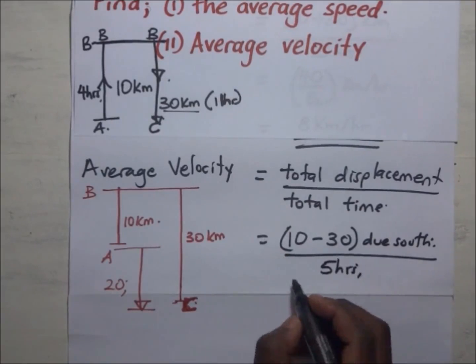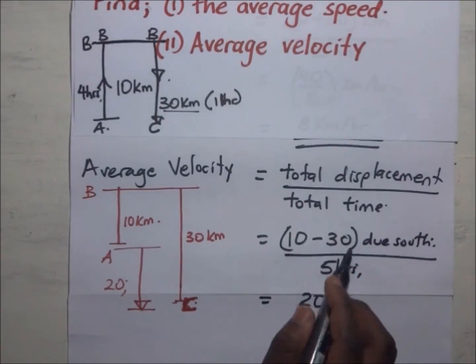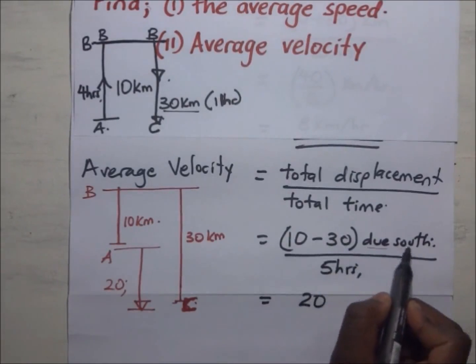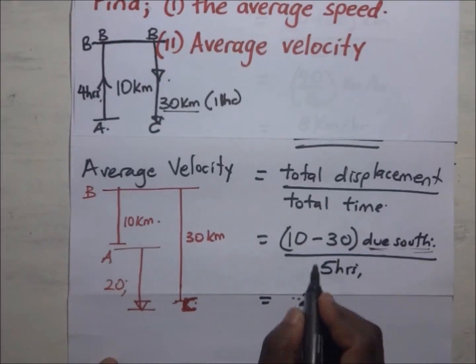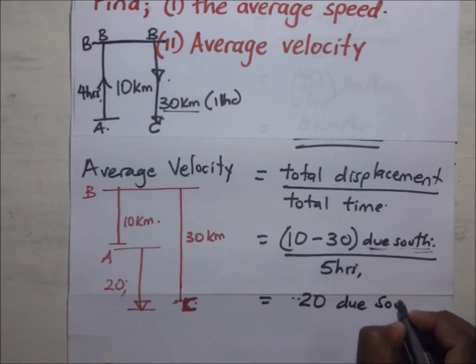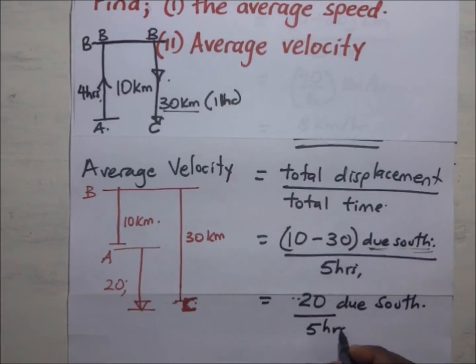Now 10 minus 30 here is negative 20. That negative is represented by the south because it is 20 kilometers southward. So the due south is what is represented by the negative there. Divide that by 5 hours.